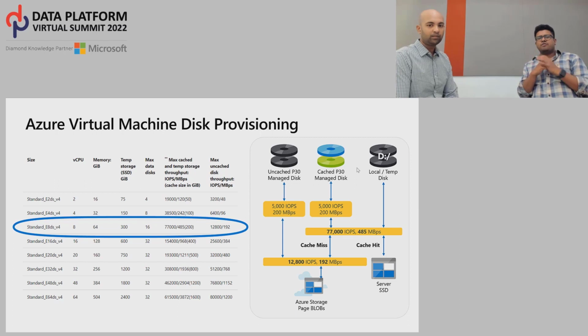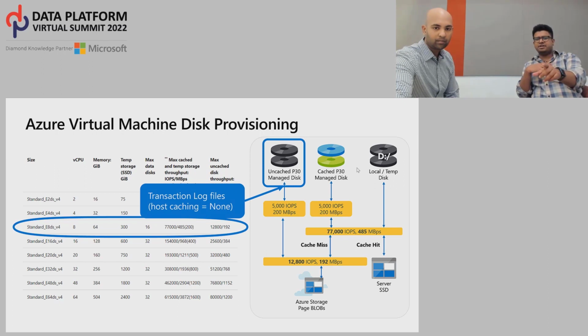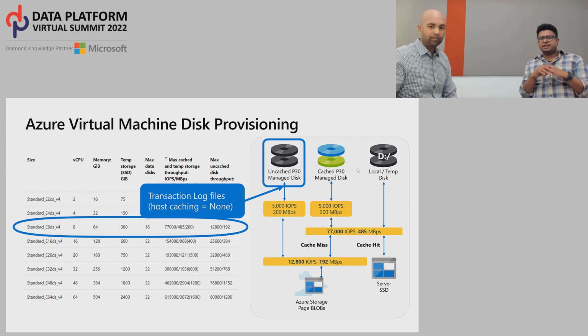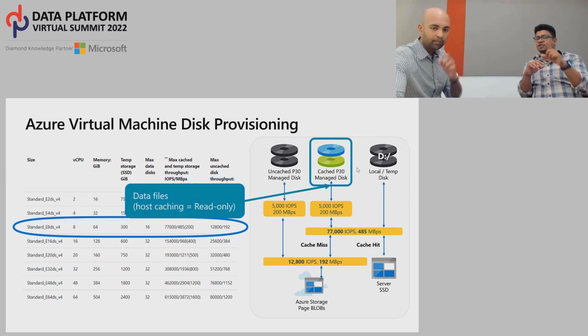So what we recommend is, if you go to the next slide, configure all your transaction log files onto the uncached data disk, because log files don't require any caching, and there your host caching should be none.